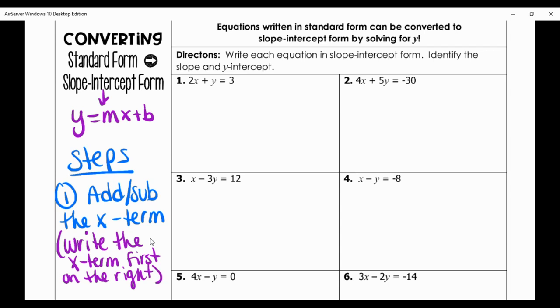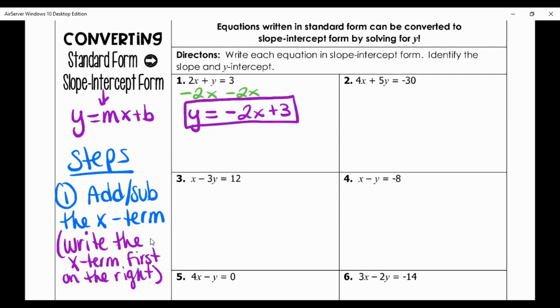What I mean by that is if we look at number 1 and it's positive 2x, so we subtract it from both sides. On the left side, we have y equals. Now on the right, we want to write the x term first. So instead of 3 minus 2x, we're going to write it as negative 2x plus 3.